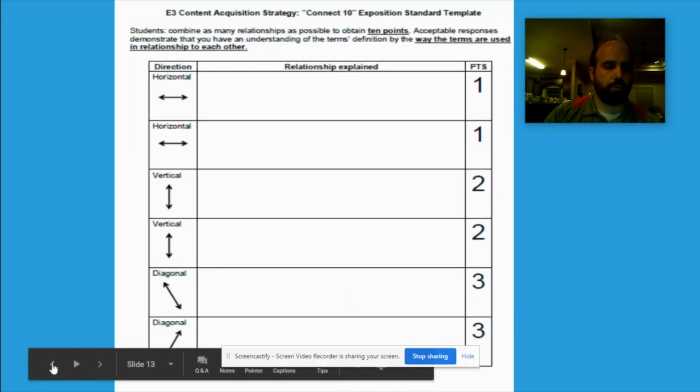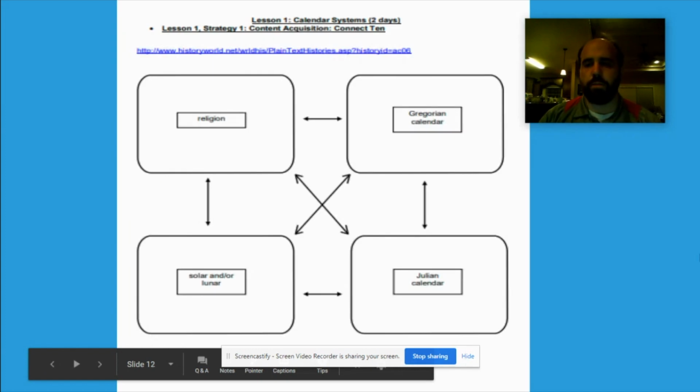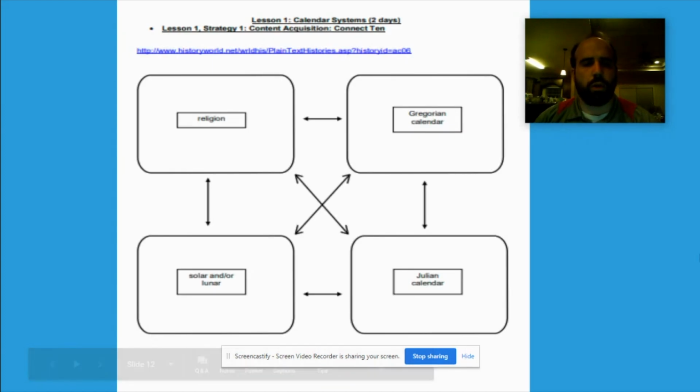All right. Oh, skipped a slide on me there. What we're going to look at right here is I've got the strategy here for you. This is what a Connect 10 looks like, okay? You'll notice that we have 4 different words, or concepts here. This is an 8th grade lesson, and it's the calendar systems.